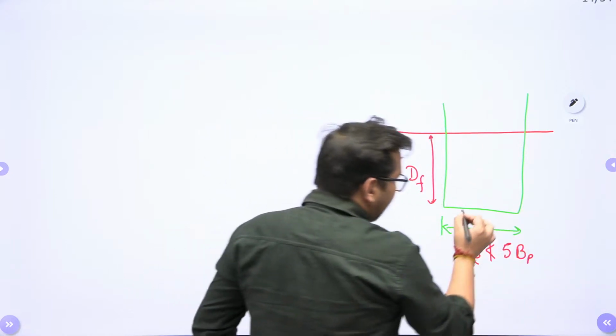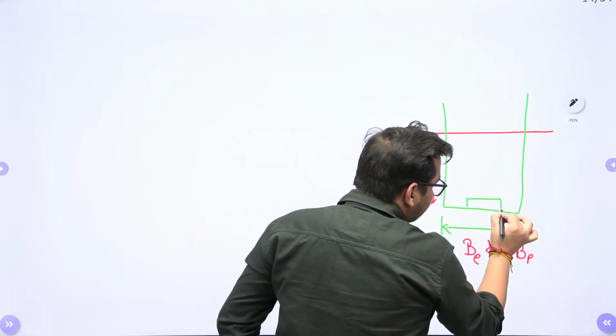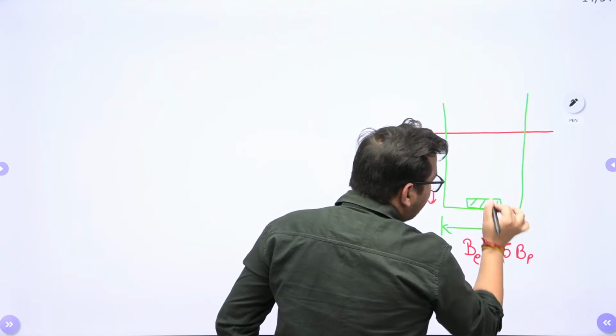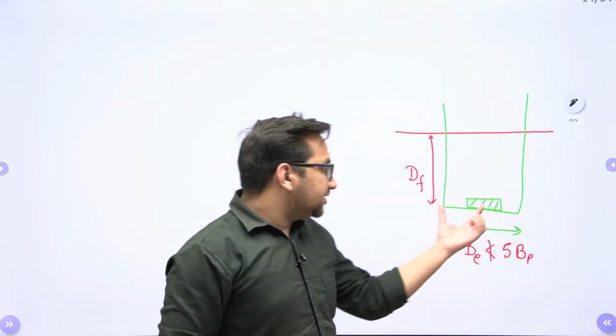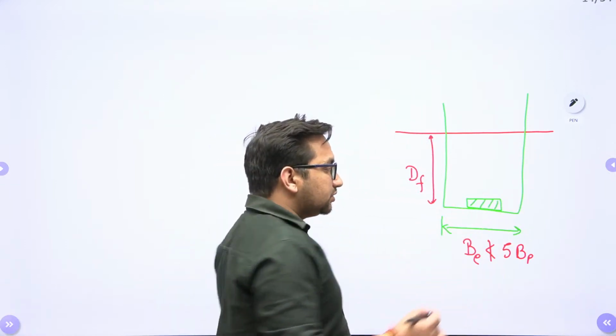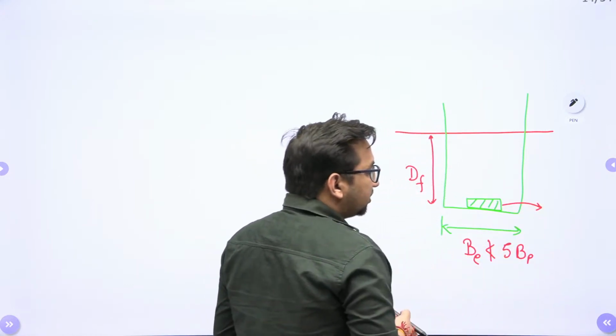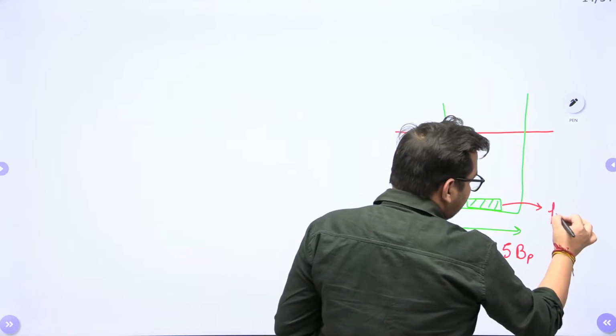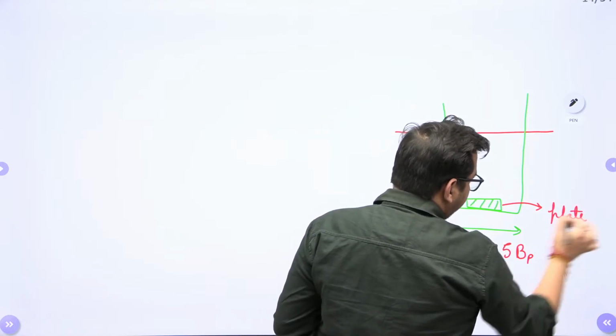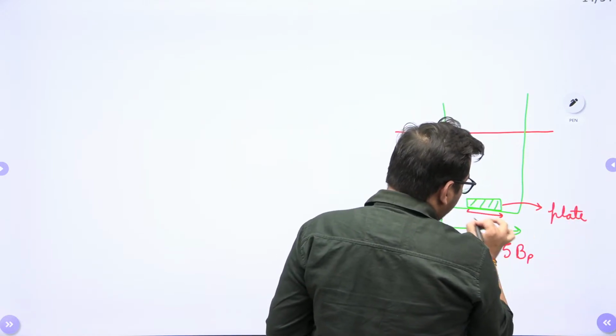So mainly what you are doing, instead of foundation, you are assuming that this is my particular foundation. We use one plate here. So this plate can be circular or it can be a square plate. So this is your plate having dimension BP.